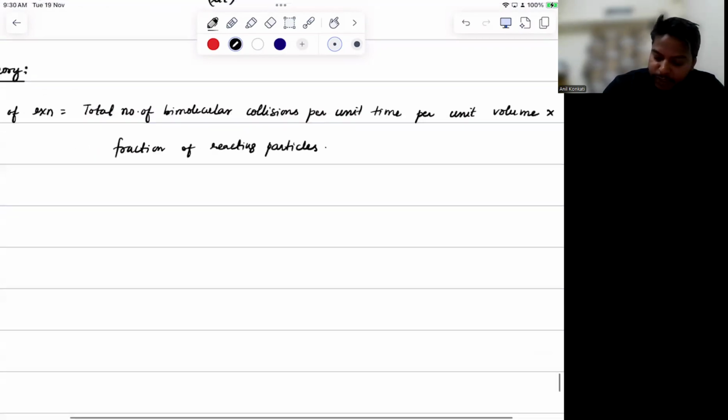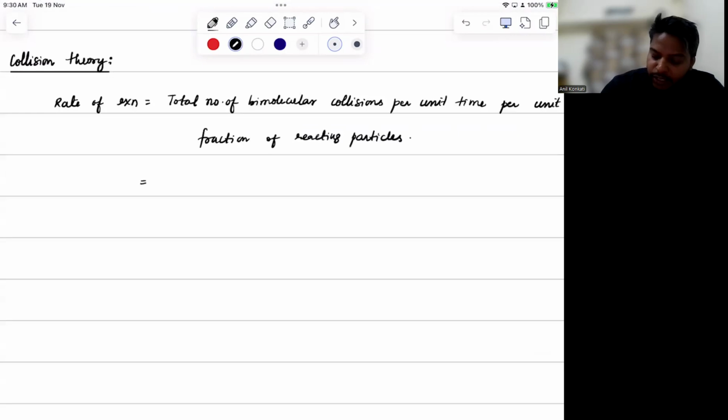What we can write here is that the total number of bimolecular collisions is always written as Z11.